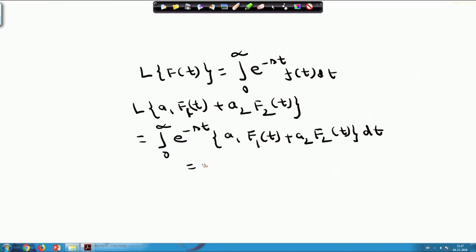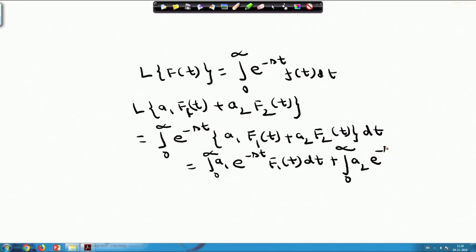One is the integral from 0 to infinity of e^(-st) a1 f1(t) dt, that is a1 times the integral of e^(-st) f1(t) dt, plus the integral from 0 to infinity of a2 e^(-st) f2(t) dt.